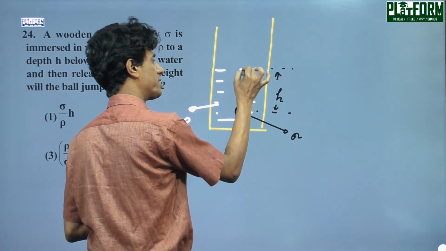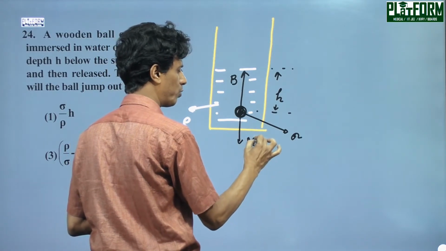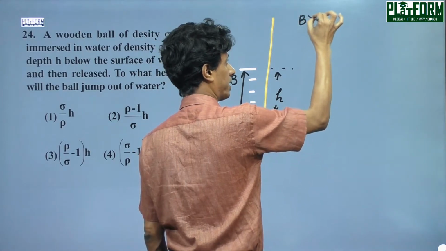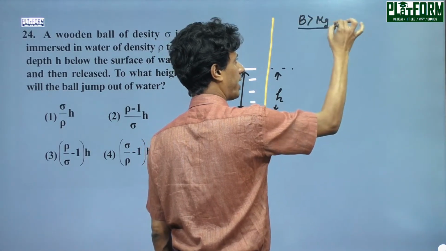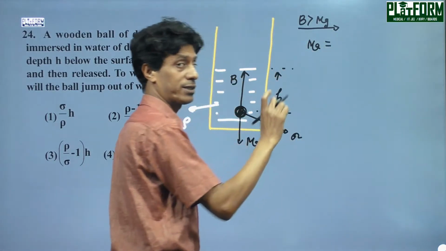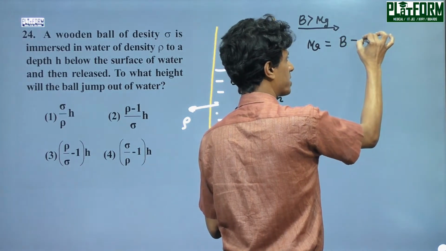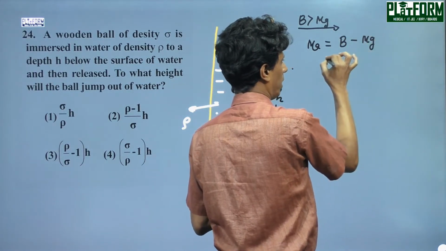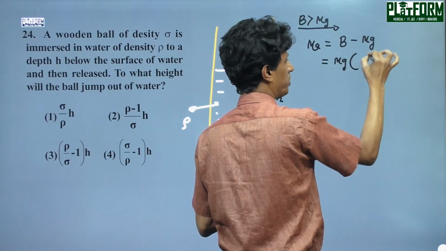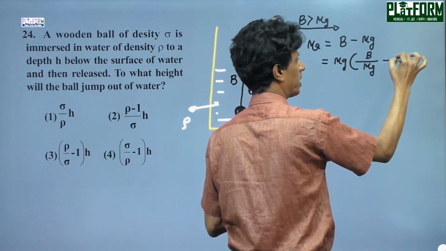And we know buoyancy acts upward and the weight of the body is downward. So here buoyancy is greater than mg. We can write the body accelerates up, that is mass into acceleration is equal to B minus mg, so a equals g times (B by mg minus 1).